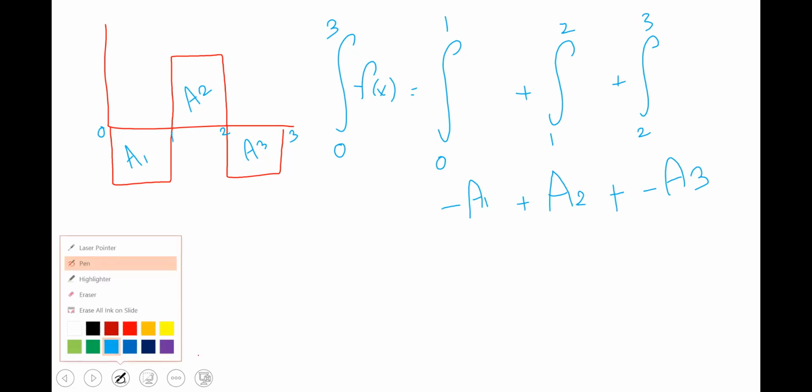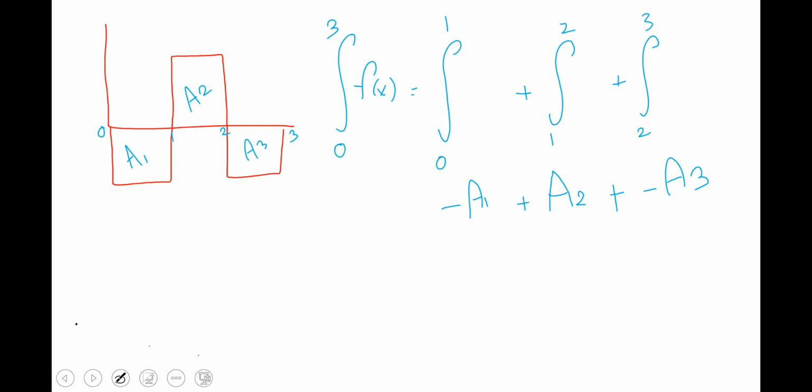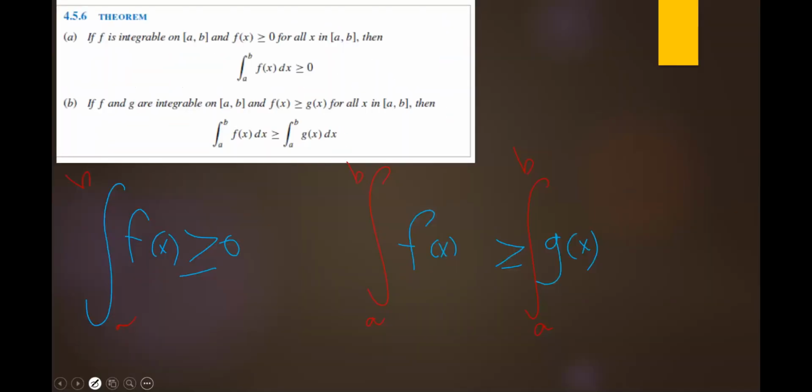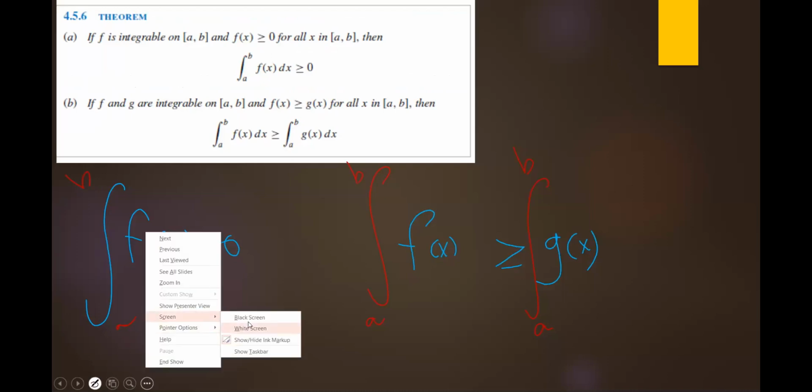Let me give you another idea. If you have zero, 1, and 2, and I'm asking you to find the area or the integration from 0 to 2, what do you have to do here?